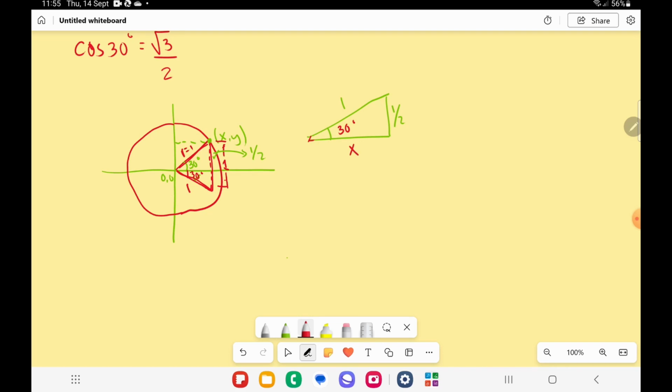And this is unknown. Now to solve the adjacent side, we will use the Pythagorean theorem, wherein c squared is equal to a squared plus b squared. So this is a, this is b, and this is c. Solving for b, we get b squared is equal to c squared minus a squared.